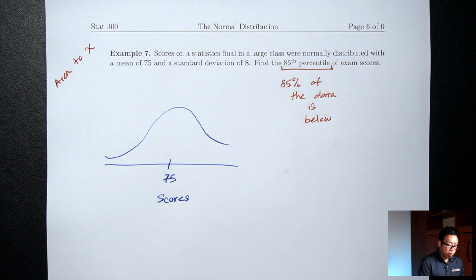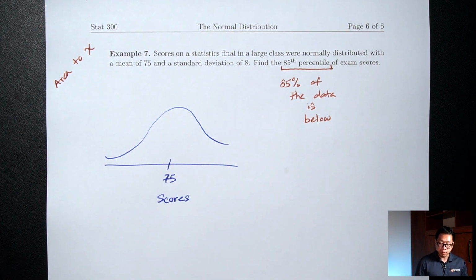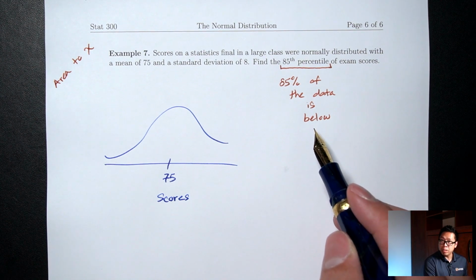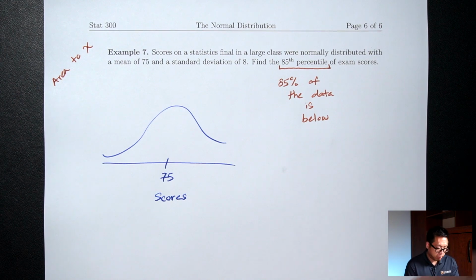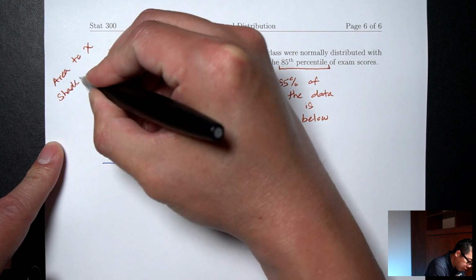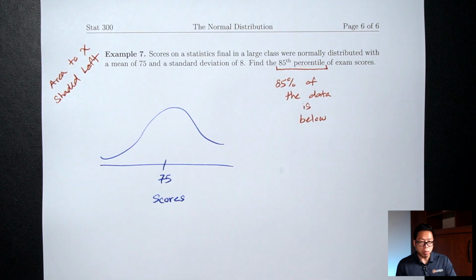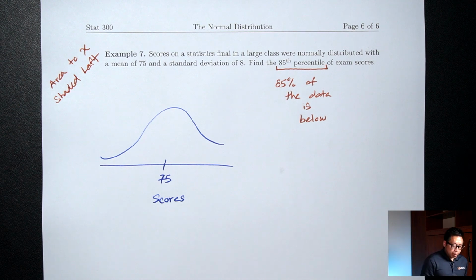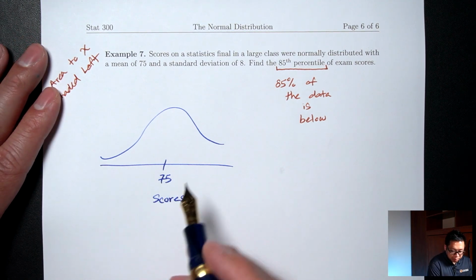So basically, you're looking for the exam score that has 85% of the data below it. So you're looking for an x that has 85% of the data below it. Below will be to the left, so this is going to be shaded to the left. I know that the x would have to be on the right side.